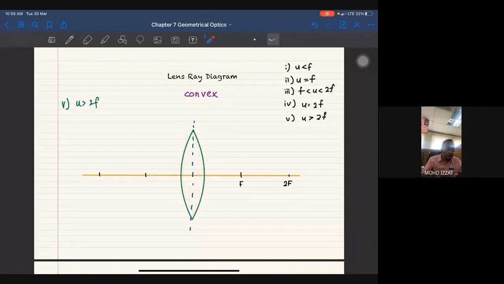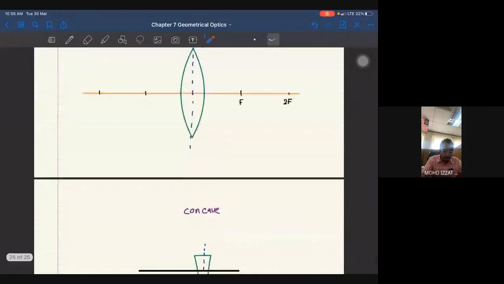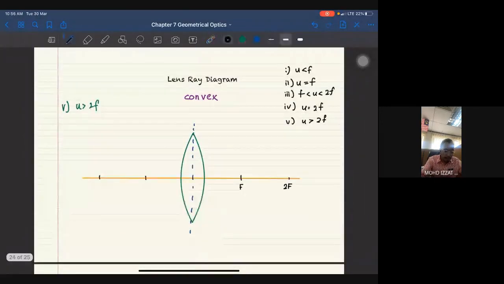Okay. Kalau convex, kamu label F dengan 2F ni on the right hand side or behind the lens. Concave, in front of the lens, you label F dengan 2F. Okay. Now you can draw the object in position. In this case, we want to draw when U is bigger than 2F.